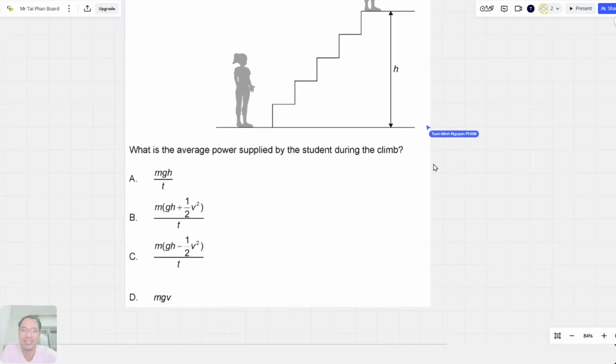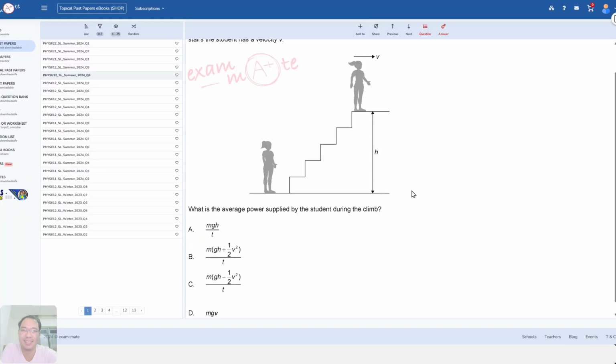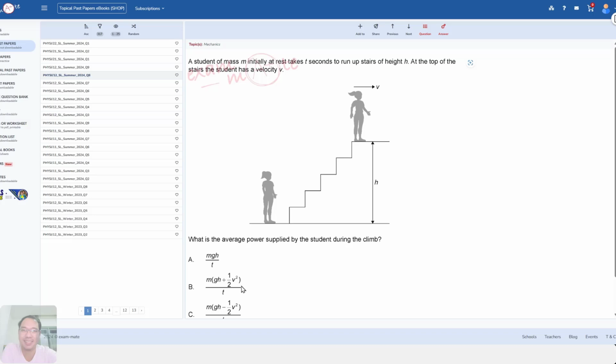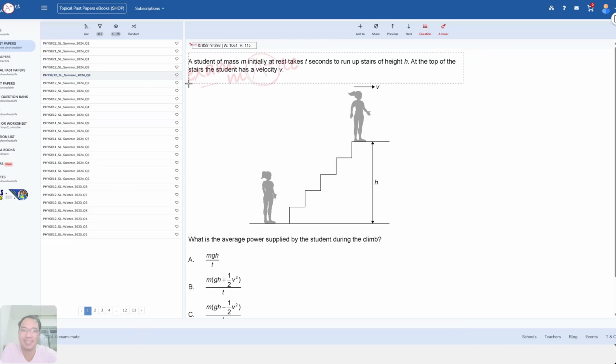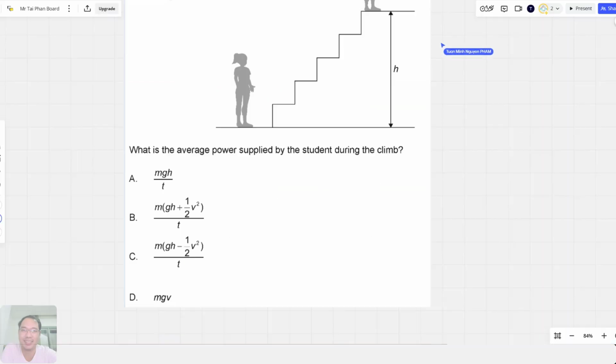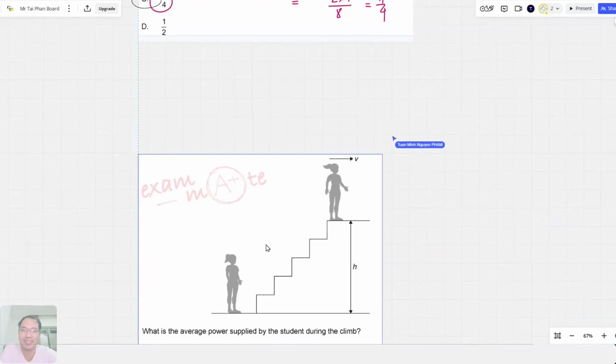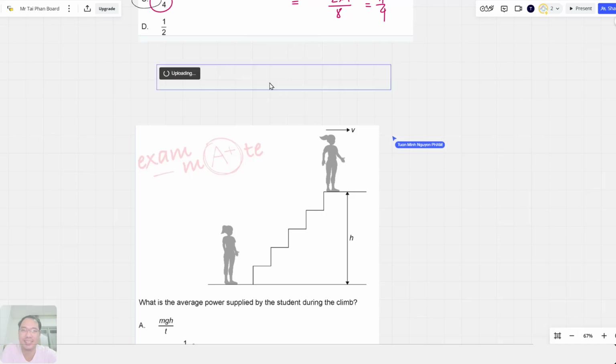So she's climbing up. Average power supplied by the student. So we need to know the... Oh wait, did we miss something? Oh, sorry, I missed the initial statement here. We need to read this description up here.